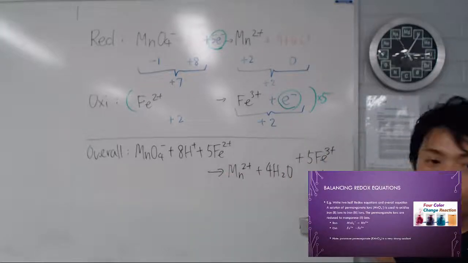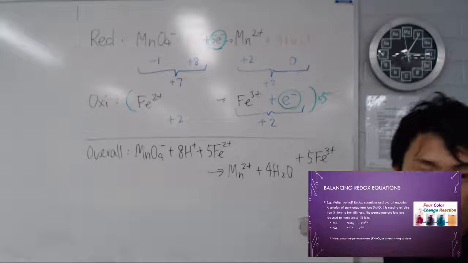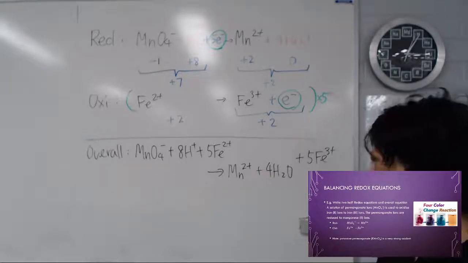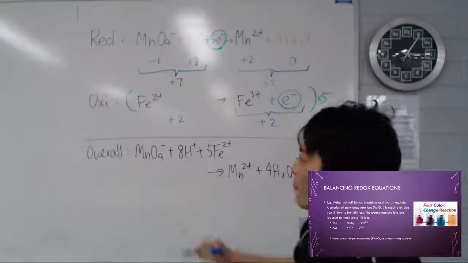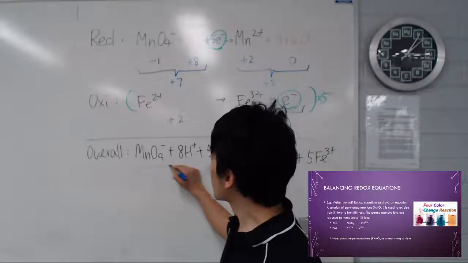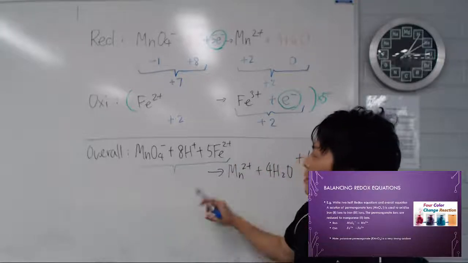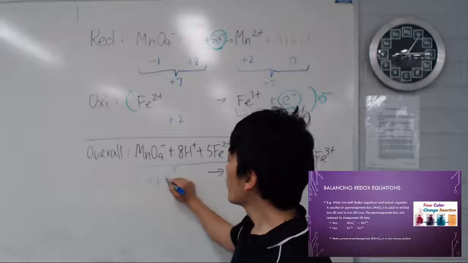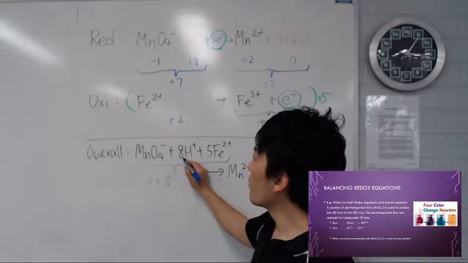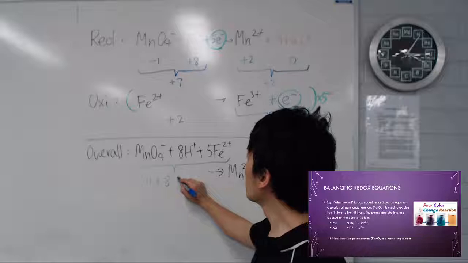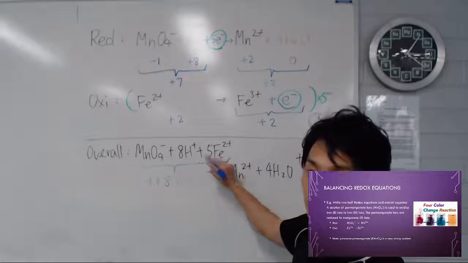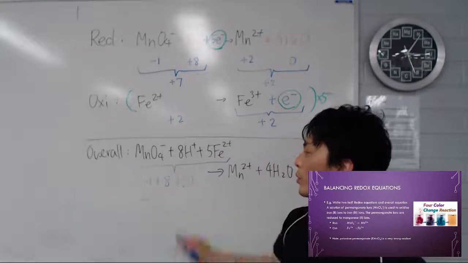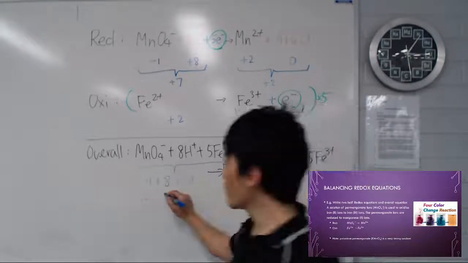Now, the reactants and products should have the same charge as well. So let's again count them. There are -1 plus 8, plus 5 times 2, which is 10. That would equal 18 take 1, so yeah, 17 positive.